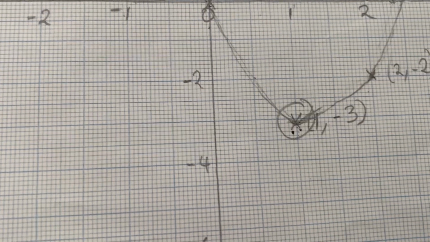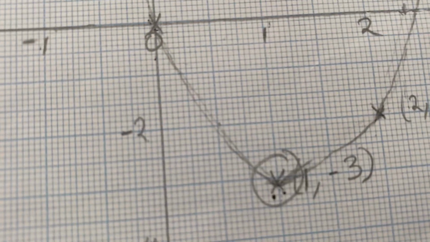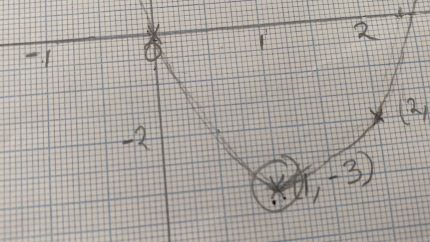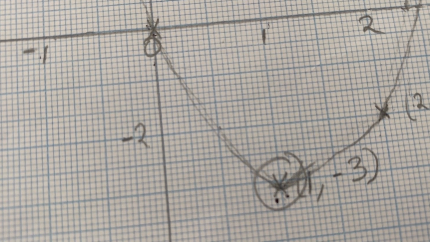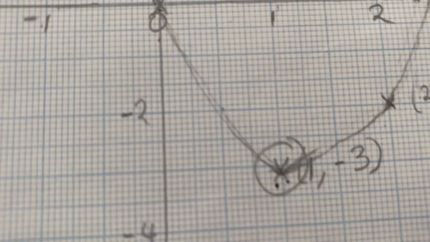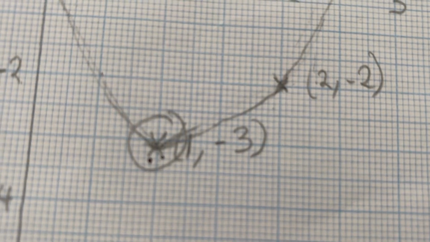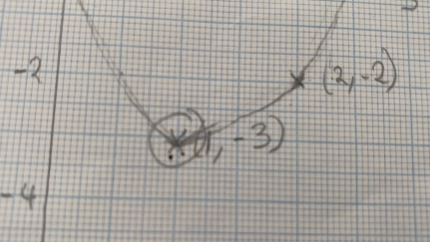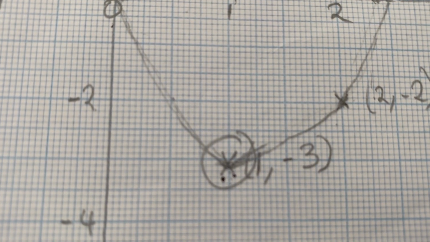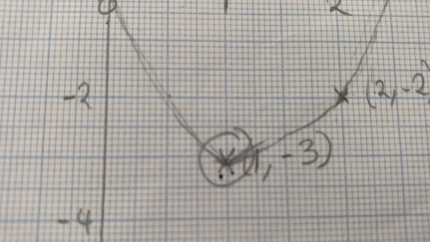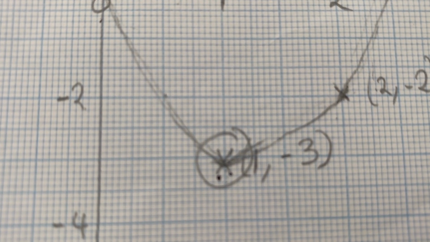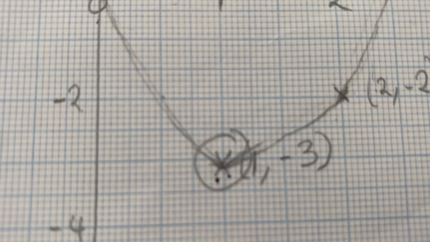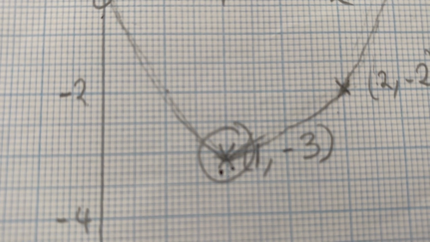The equation y equals 2x squared minus 5. So that's the turning point now, at 1 and minus 3. And then find the values of x when y equals 0.